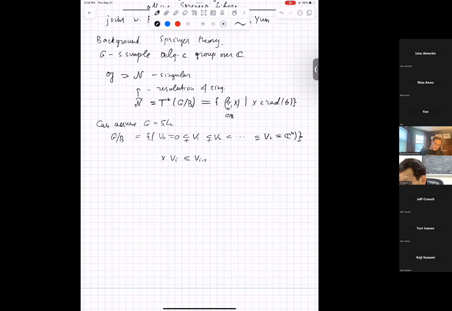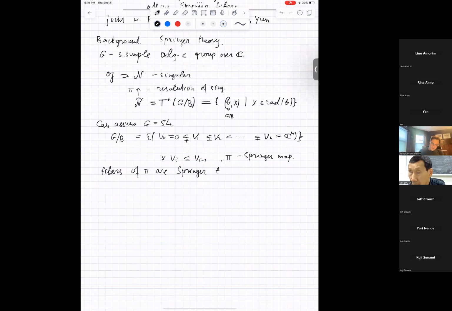Let's call this map pi. The fibers of pi are called Springer fibers. Pi itself is the Springer map, or there's a version called Grothendieck-Springer, it doesn't matter.